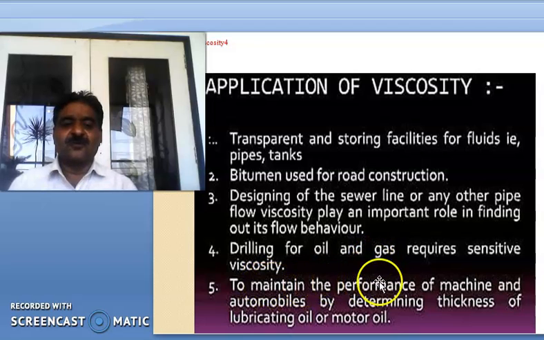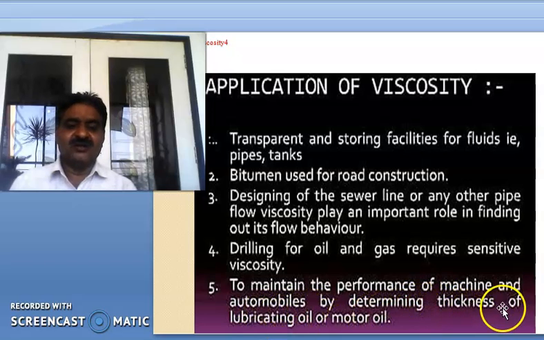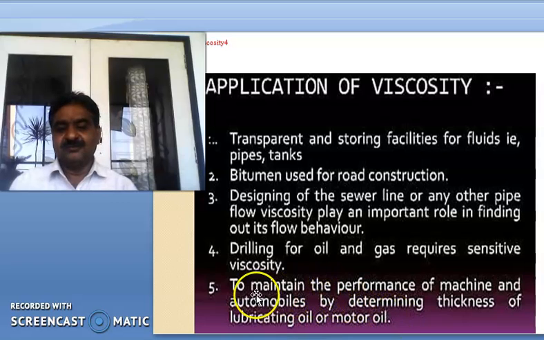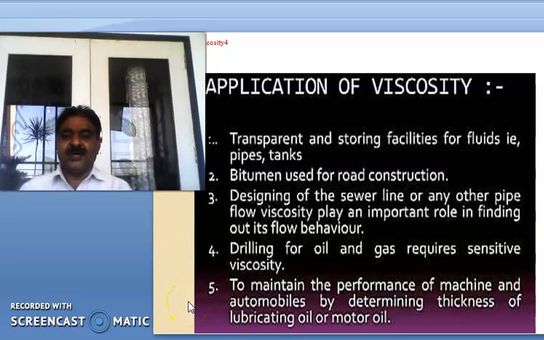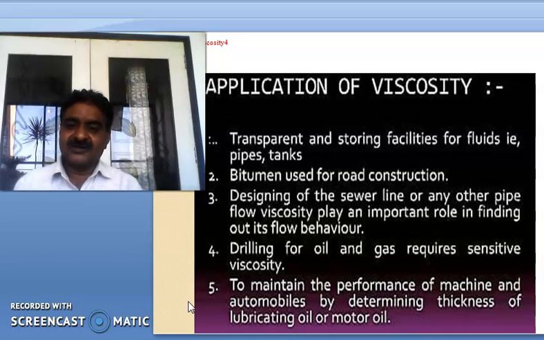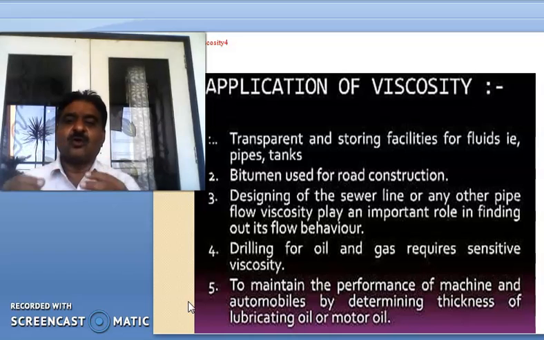Viscosity helps maintain the performance of machines and automobiles by determining the thickness of the lubricating oil or motor oil. Periodically we have to replace the engine oil and brake oil. We have to grease certain moving parts of the automobile.